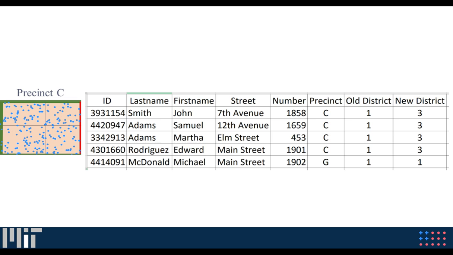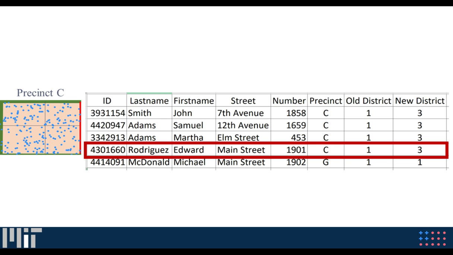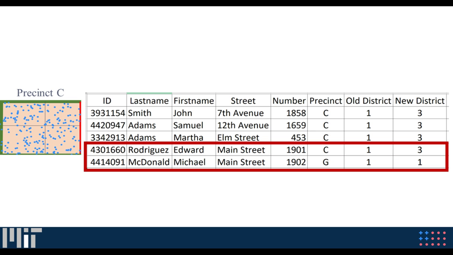And so in this example here, again, we have a small snippet of precinct C that was moved from one district to the other. And we notice some things if you squint and look closely at the screen. We'll notice, for instance, that there's this fellow, Edward Rodriguez, who lives on 901 Main Street, and he was in old District 1 and has been moved to new District 3.